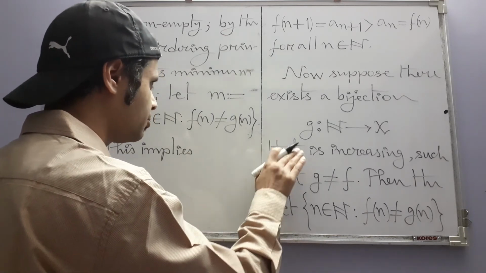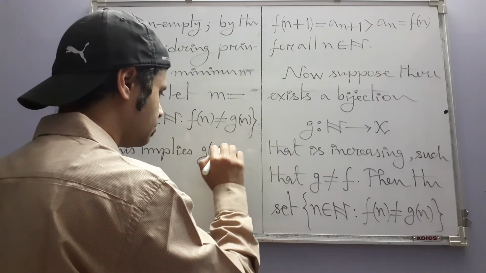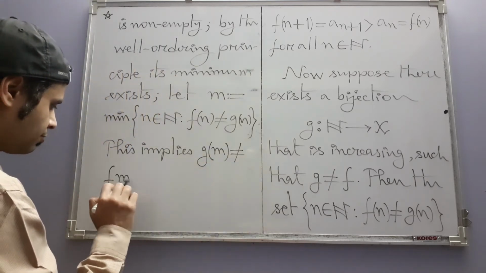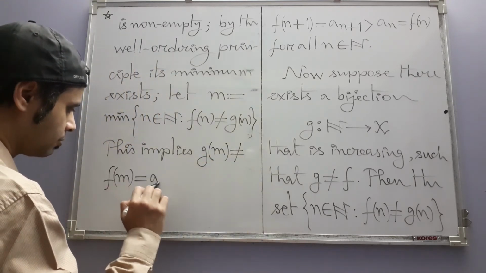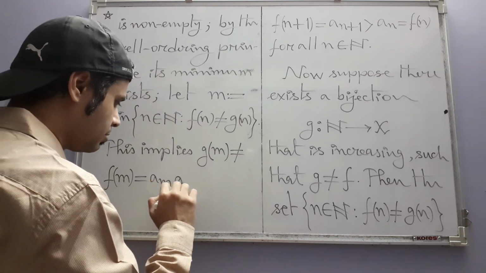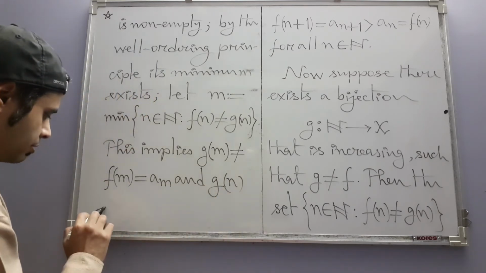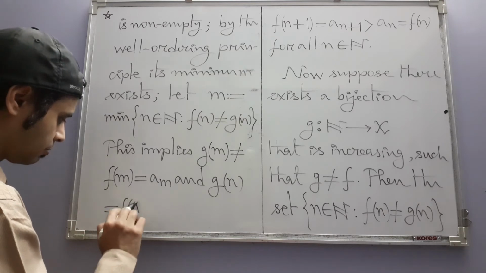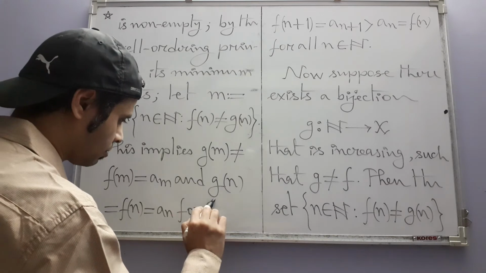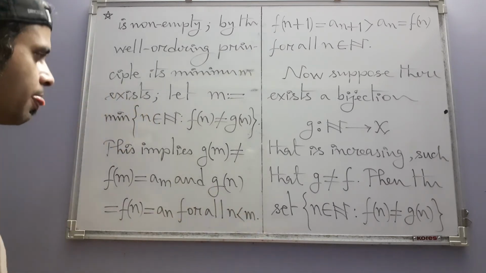We have just supposed its existence. So g of m is not equal to f of m, which is, by the definition of f, a_m, and g of n is equal to f of n, which is a_n, for all n less than m.